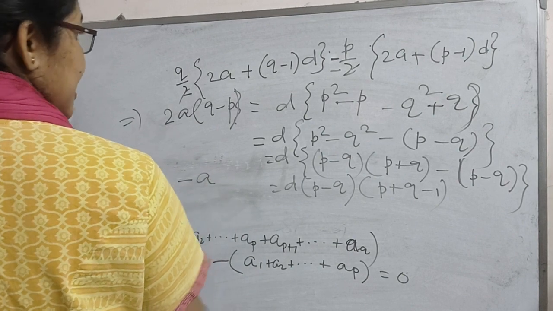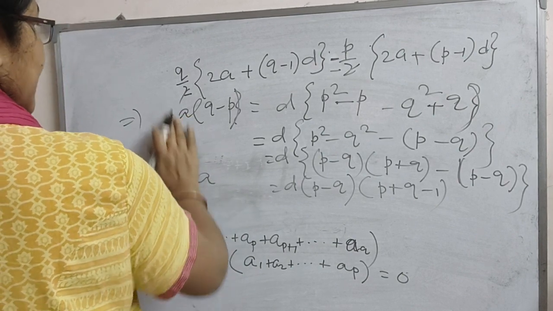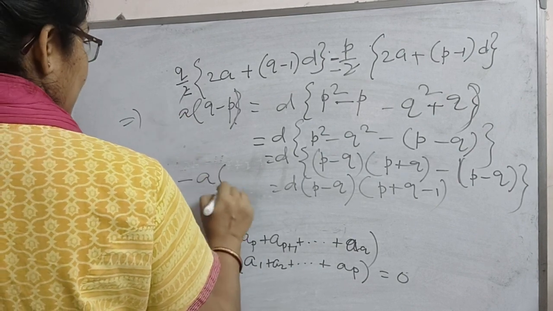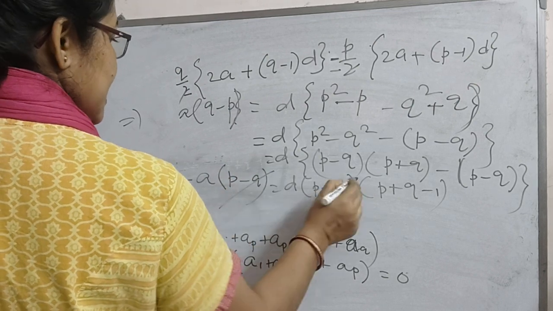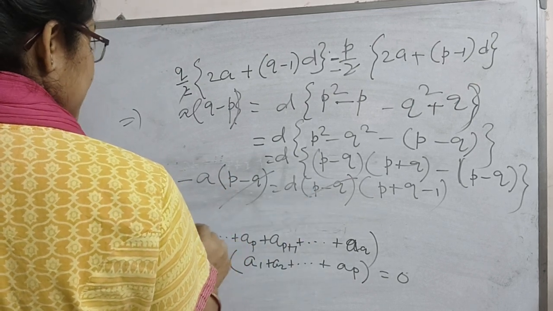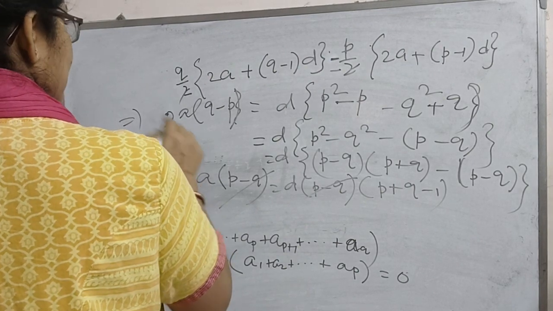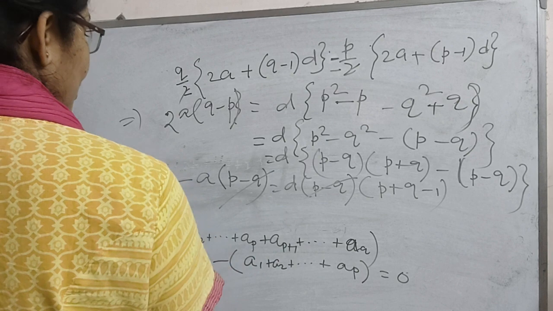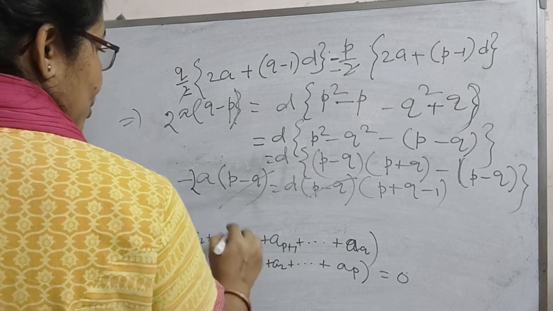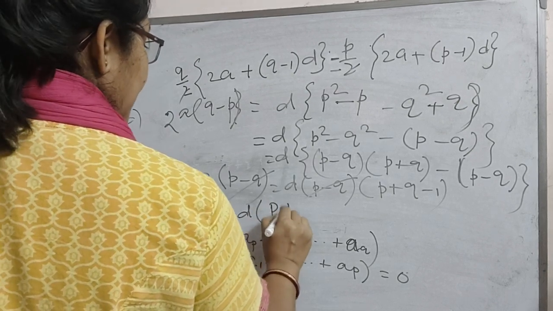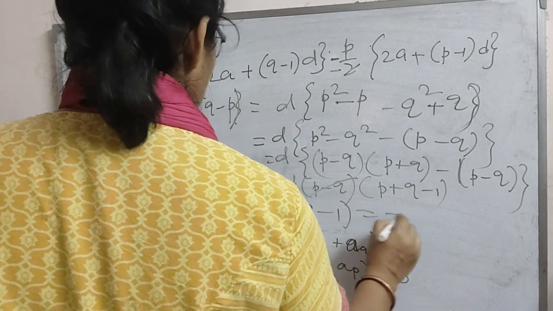So I can write it in this way, the common factor 2 cancels out. So D into (P plus Q minus 1) is equal to minus 2A.